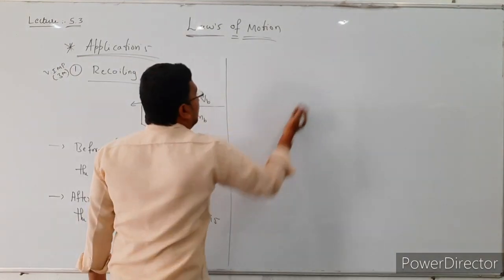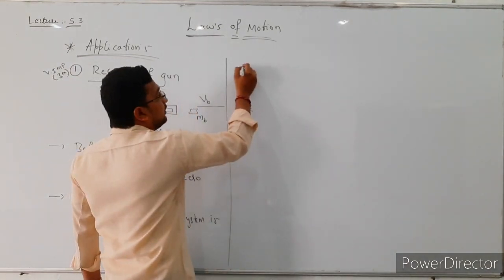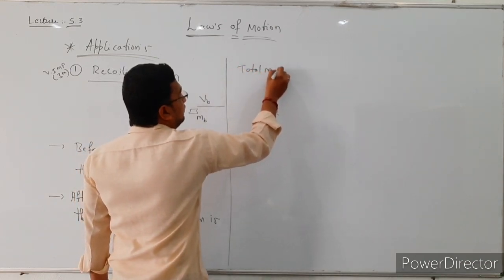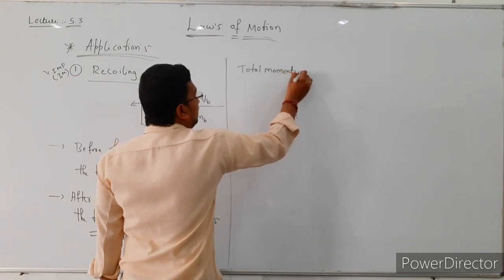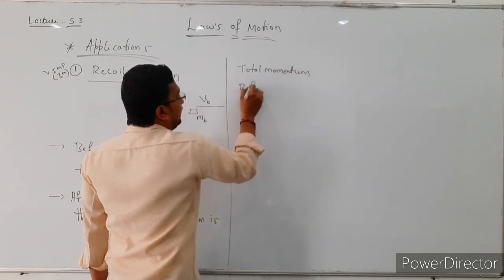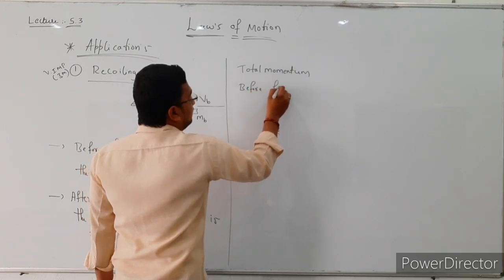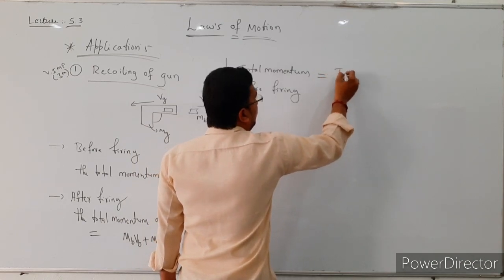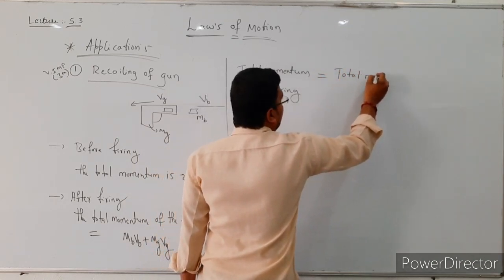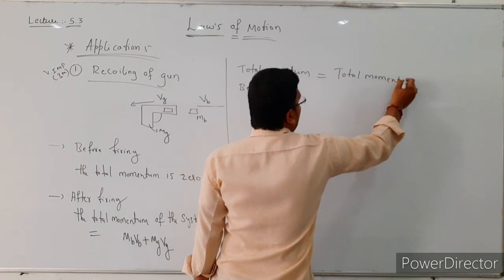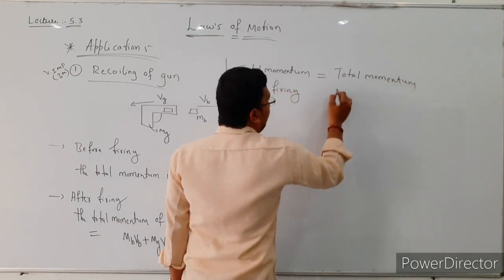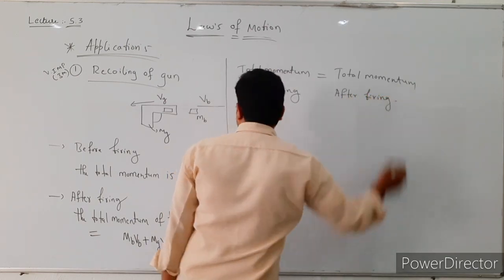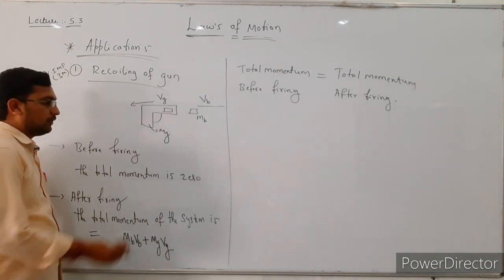Okay. According to the law of conservation of linear momentum, the total momentum before firing is equal to the total momentum after firing. The total momentum before firing is 0.